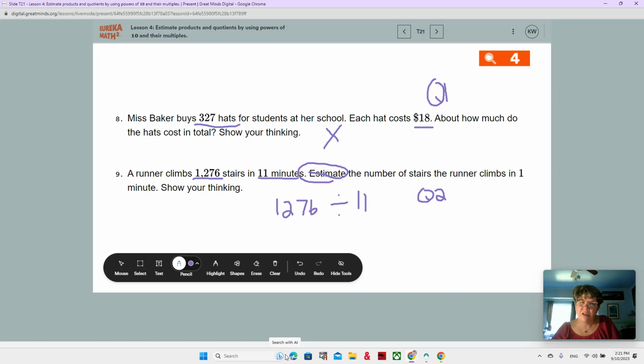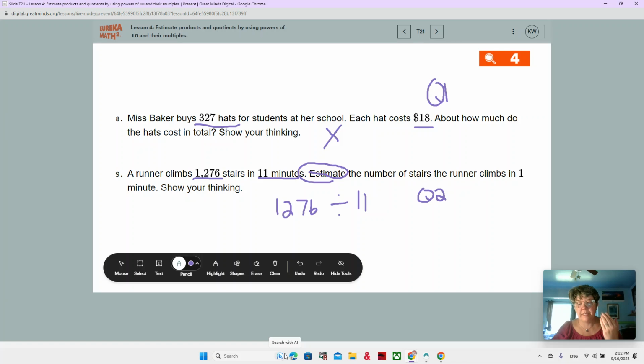All right. And let's just talk a minute about why we estimate. One reason is that we can think about the answer ahead of time and make sure that what we're doing is reasonable. Also, sometimes we don't need an actual answer. We're just looking for a ballpark answer, something close by. All right. Important to keep in mind is that you're rounding numbers so you can calculate mentally.